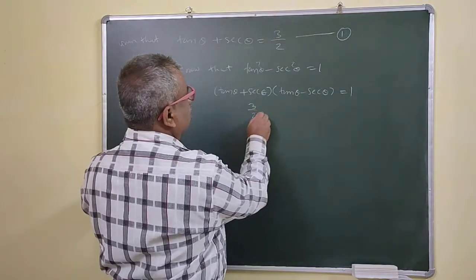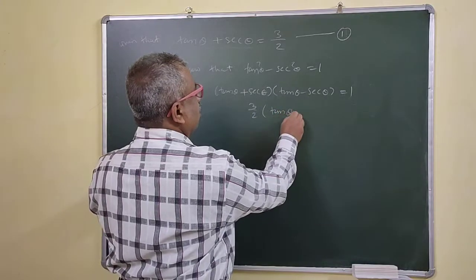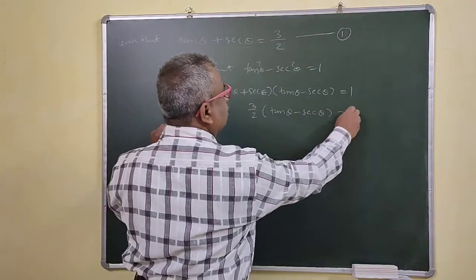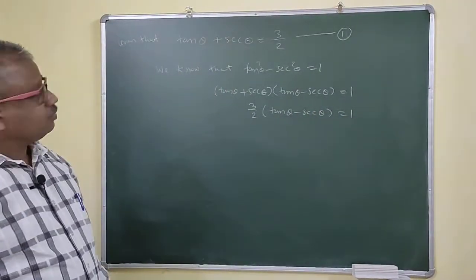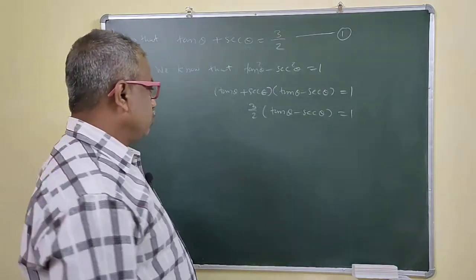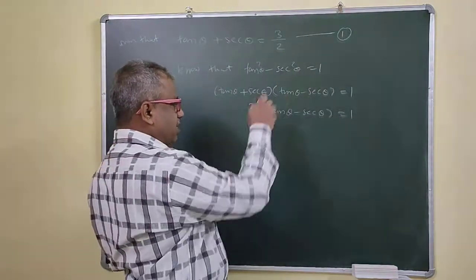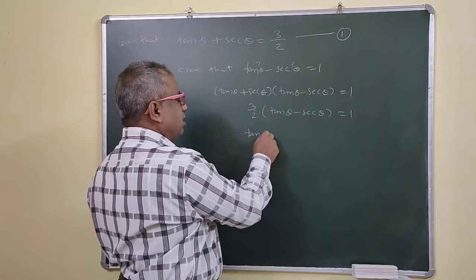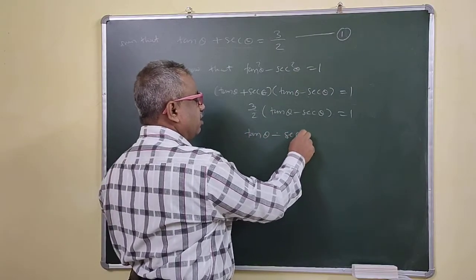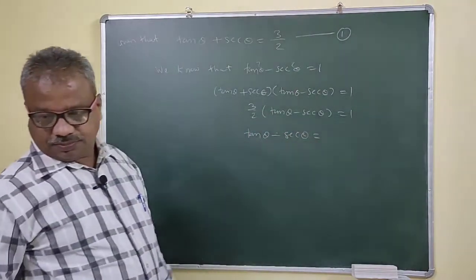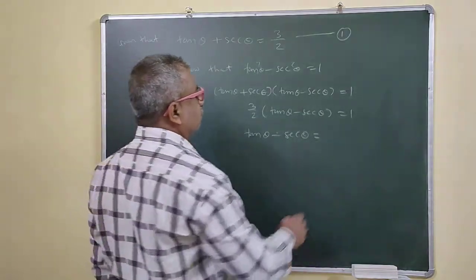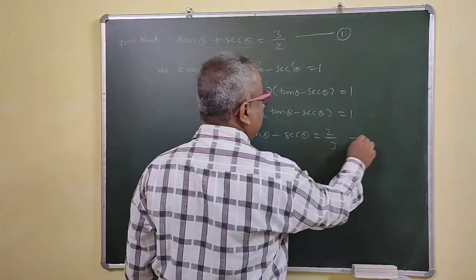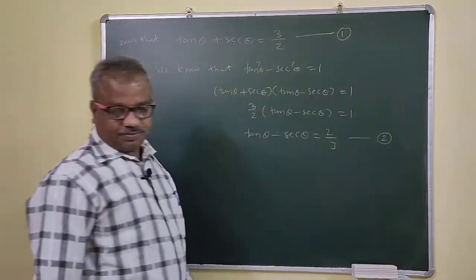So 3 by 2 into tan theta minus sec theta is equal to 1. Now you can shift this 3 by 2 to that side. So we get tan theta minus sec theta is equal to 2 by 3. This is your second equation.